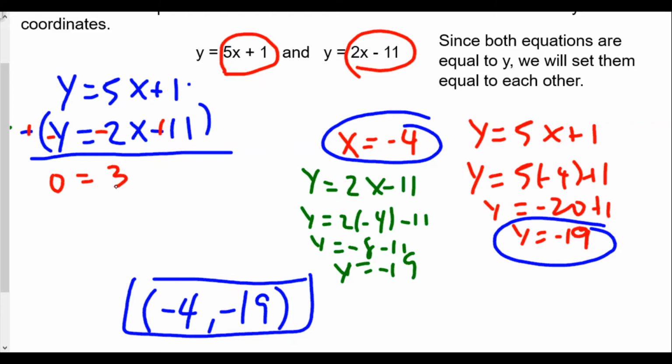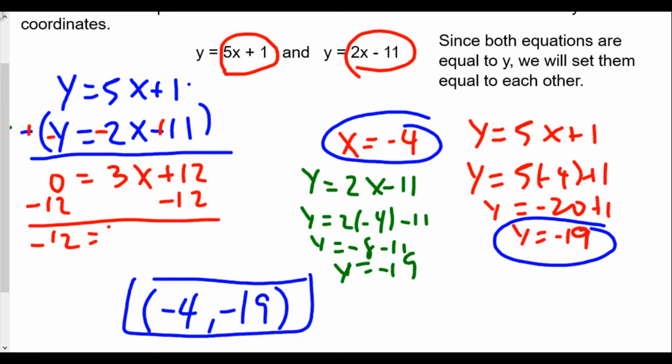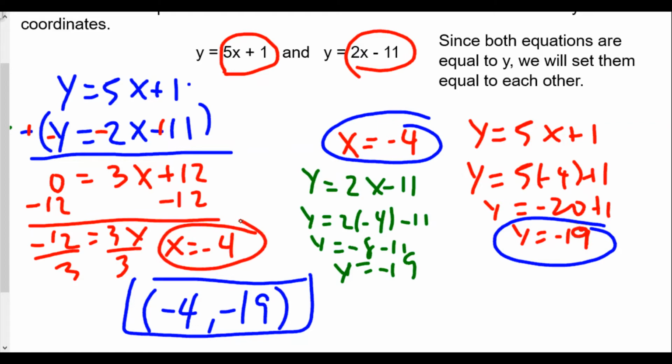You would get 5 minus 2 is 3x, and then of course 1 plus 11 is 12. Subtracting 12 on both sides, we will get negative 12 equals 3x. Divide both sides by 3, x is still equal to negative 4. So this works as well. So whether you want to use cancellation or substitution for solving this, it will be fine.